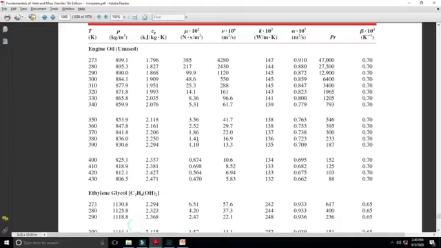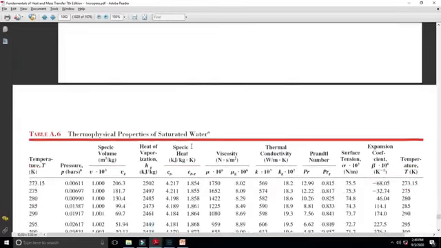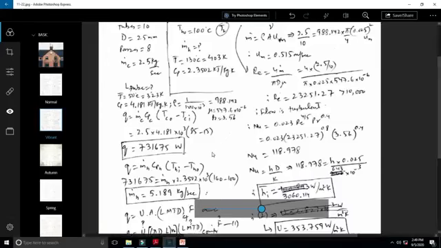If we go to this table of properties and go to the section of water, at 320 Kelvin the value of mu is given as 577, and at 325 it is 528. So we need to interpolate it.